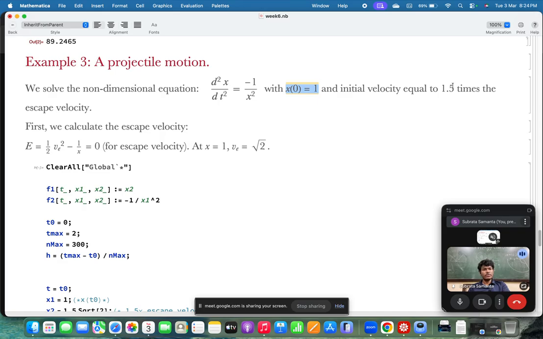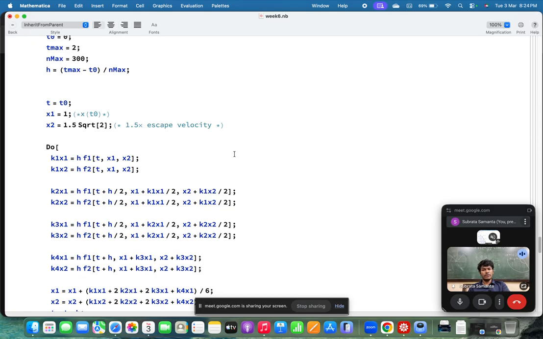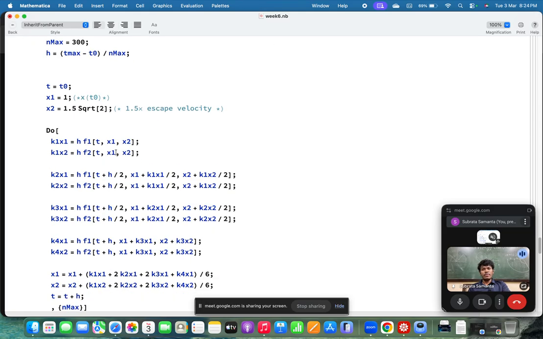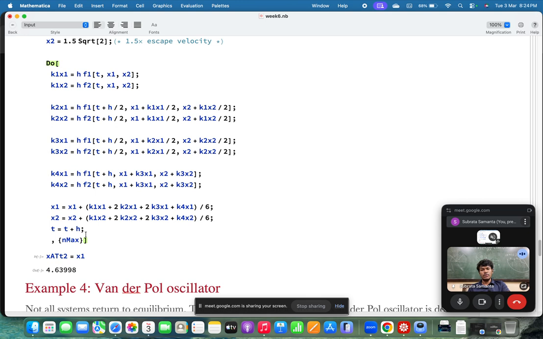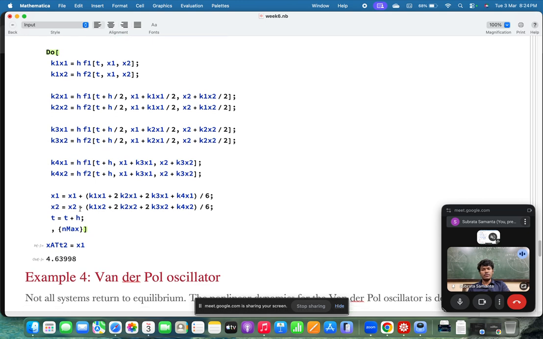Because in my problem it is 1.5 times the escape velocity. And I perform the same loop again. This is the fourth step. I update things, and at the end I calculate the weighted average of this. Since everywhere I use h, that's why I am not using h here. I hope it's clear, and similarly for x2.